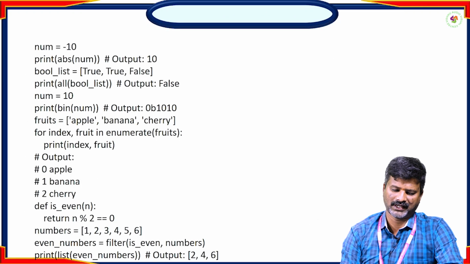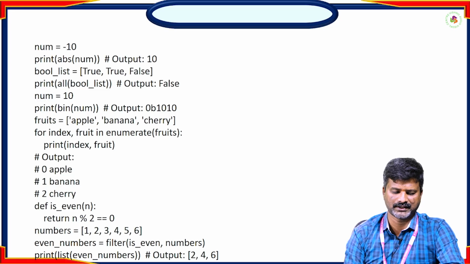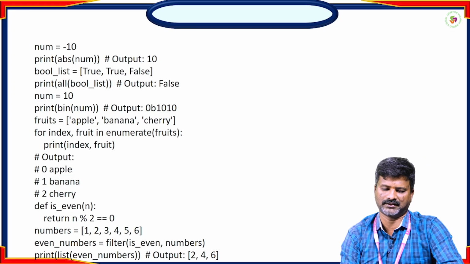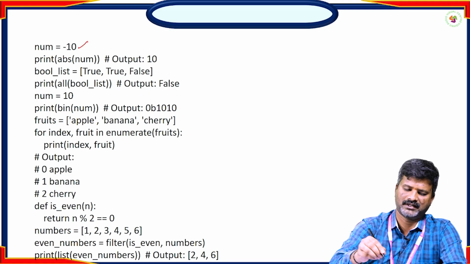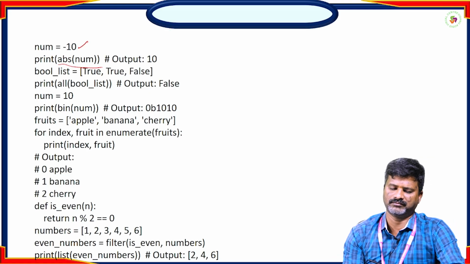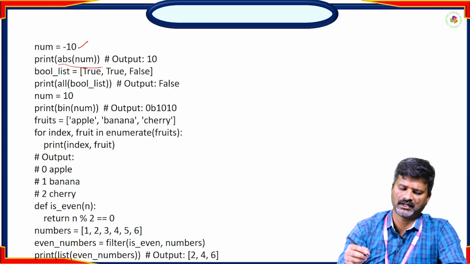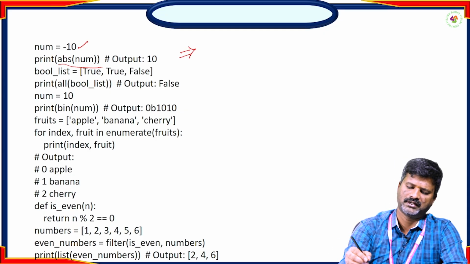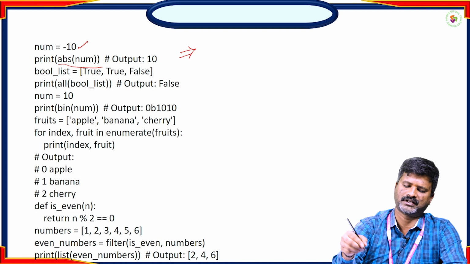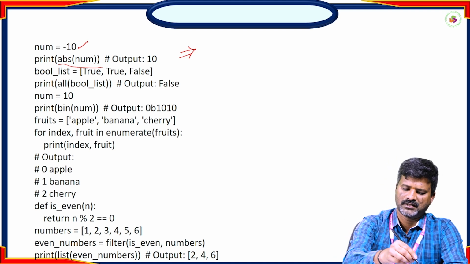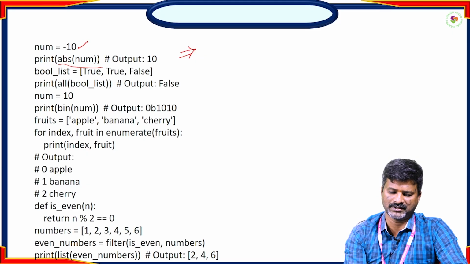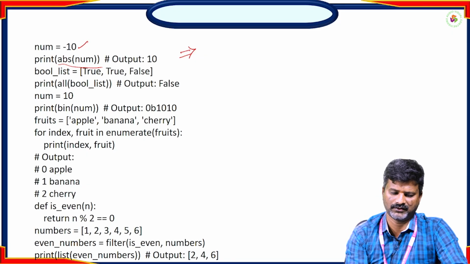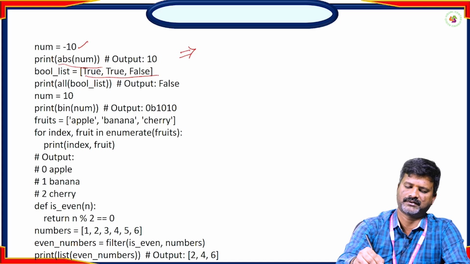And this is one example of some of the built-in functions which we are using in our Python. Something like, I'm declaring a variable num as -10 and I'm printing the absolute value. Maybe you are entering a positive or negative value, finally it will display the positive value. Even though you are entering minus, absolute returns a positive value. For bool list, suppose I want to find out whether all the elements in the list are true or not. If all the elements are true, then it will return true.